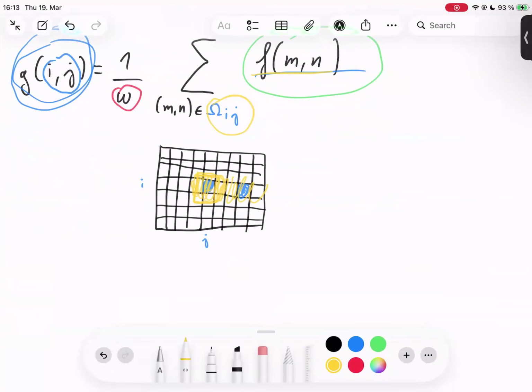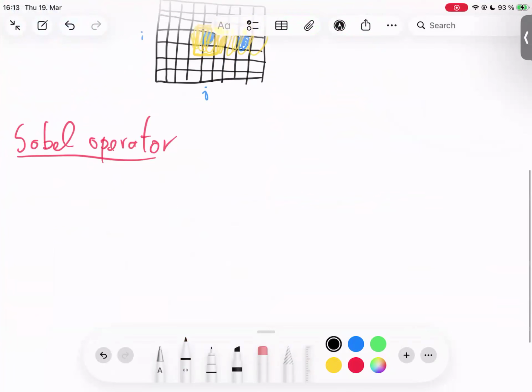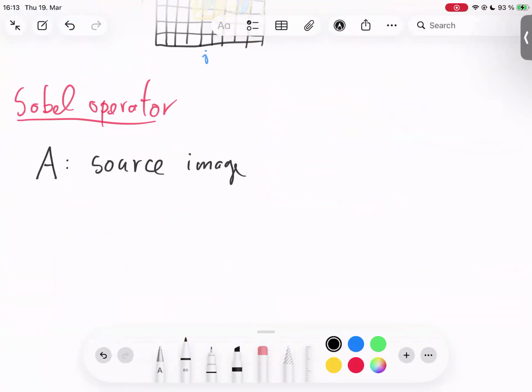So we will build the Sobel operator, and we need these two 3 times 3 kernels. We start with A, our source image, and we have GX and GY.